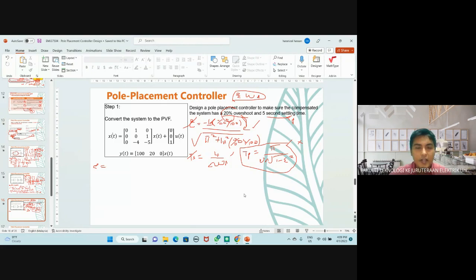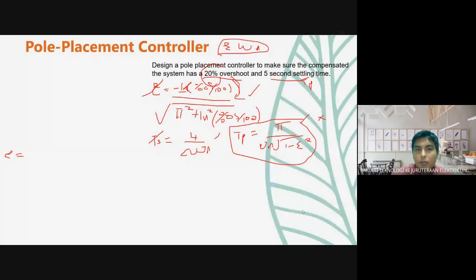Yep, that's correct, 0.456. So you can just put it as 0.456. Now, you need to calculate the omega n. By using this formula, you know that the settling time is 5.